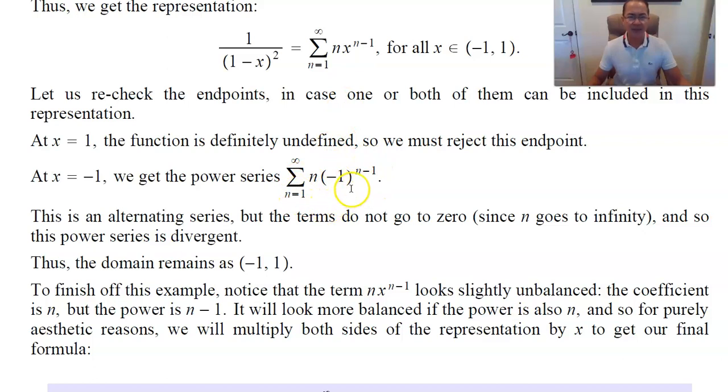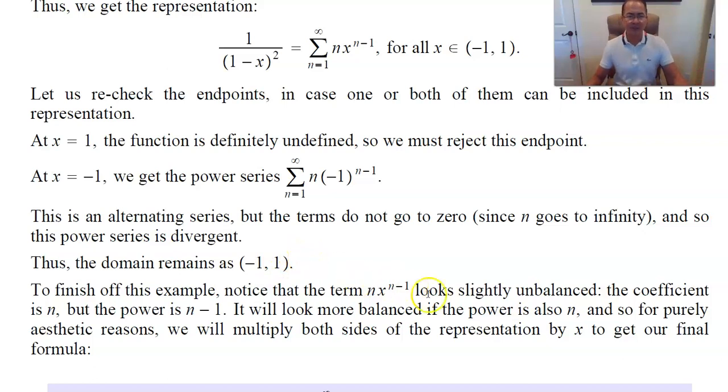As n goes to infinity, this doesn't go to 0. You'll start out +1, -2, +3, -4. You're not going to 0. So by the divergence test, the power series is divergent. And so the domain is still from -1 to 1.